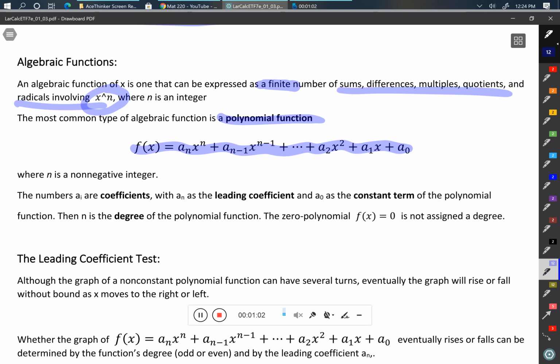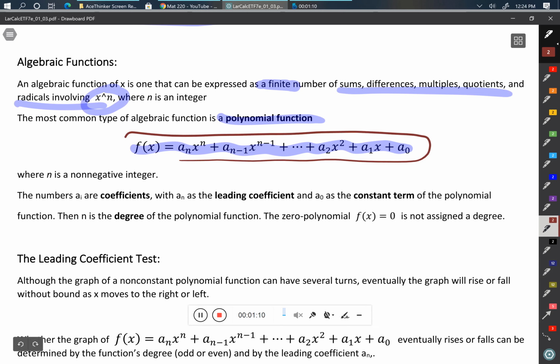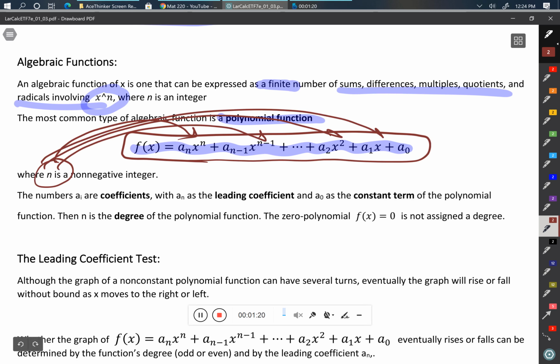If we're talking about polynomials, specifically polynomials, they look like this. And more specifically, all those n's that you see there in the exponent positions have to be non-negative integers. So a non-negative integer is a 0 or a 1 or a 2 or a 3 and so on.